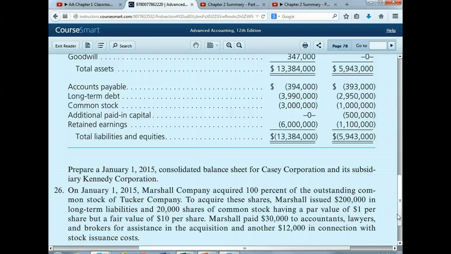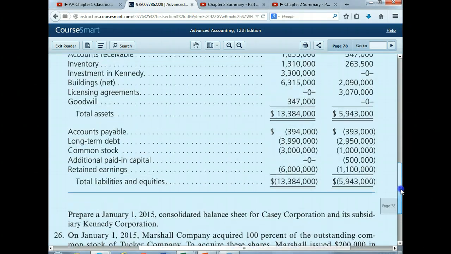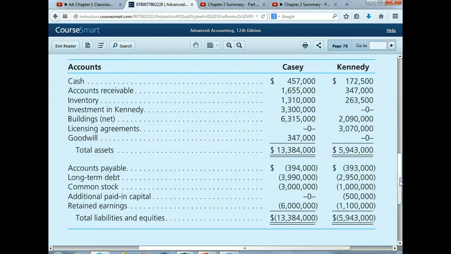So basically, they will continue to operate independently. So this isn't one where it's getting dissolved. This is a situation where they're going to continue to operate separately. So the transactions are going to be just a little different as to what we eliminate.